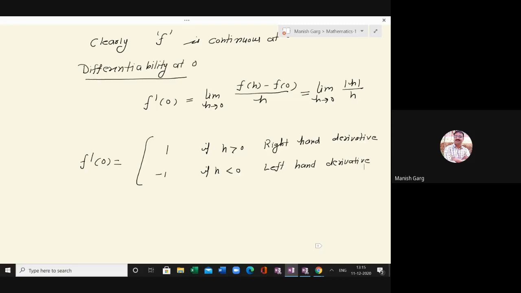You can say the value of f dash 0 is not finite, not unique. So quickly you can say f is not differentiable at 0. So here the function is continuous but not differentiable.